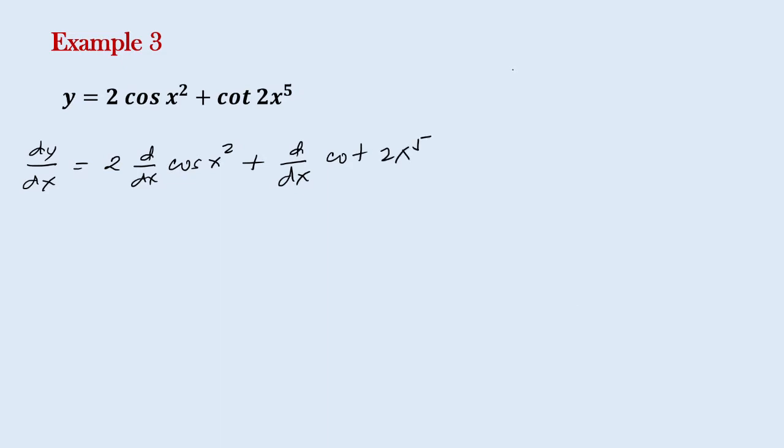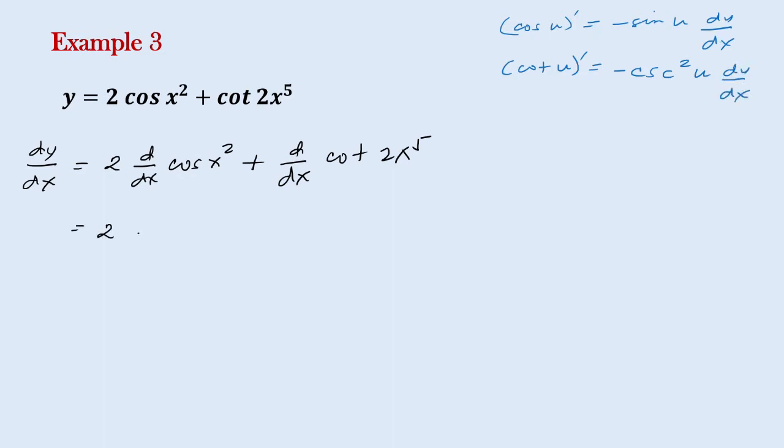So we would be needing the derivative of cosine and cotangent. Remember that the derivative of cosine u is equal to negative sine u times du/dx, and the derivative of cotangent u is negative cosecant squared u times du/dx.